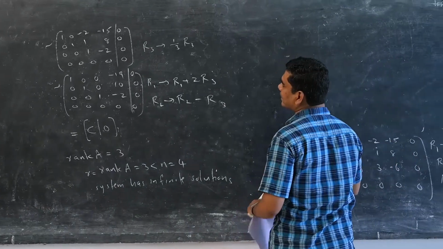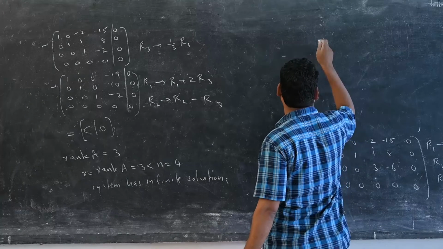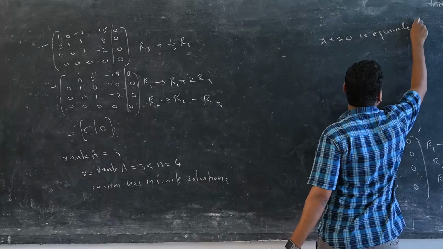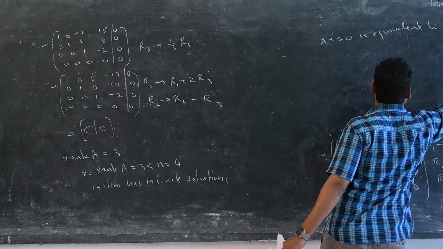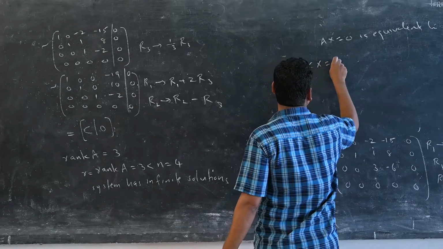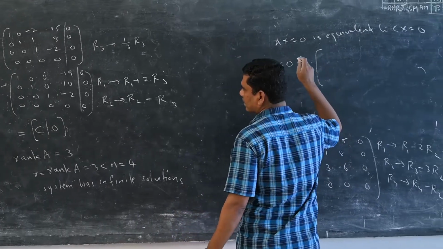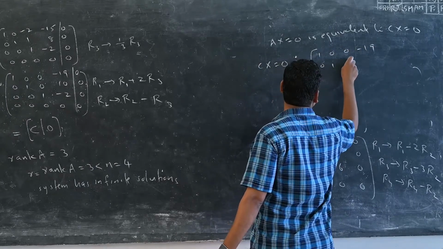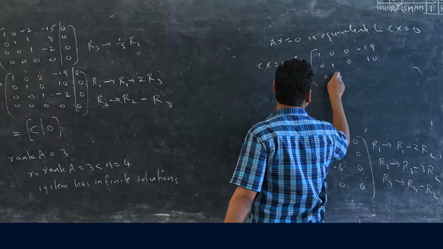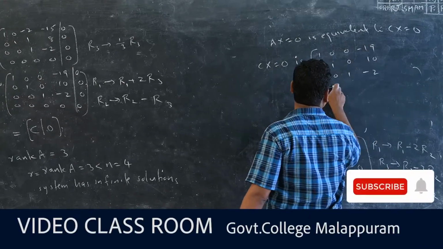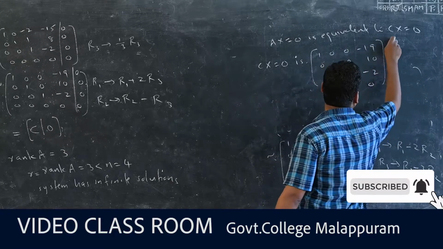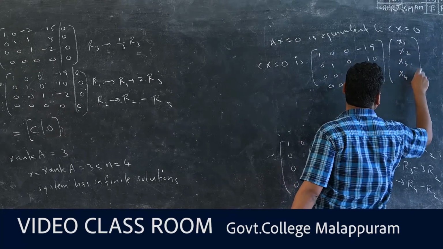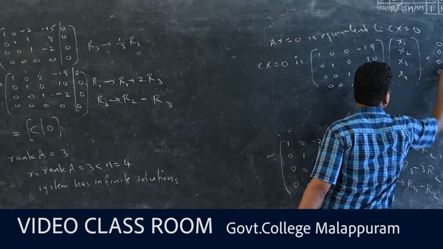Now system AX is equal to 0 and CX is equal to 0. These are equivalent. AX is equal to 0 is equivalent to CX is equal to 0. CX is equal to 0 is: 1 0 0 minus 19, 0 1 0 10, 0 0 1 minus 2, 0 0 0 0 into x1, x2, x3, x4 is equal to 0, 0, 0, 0.